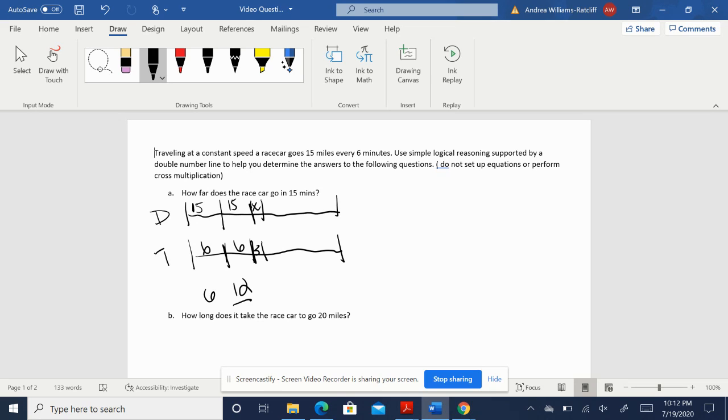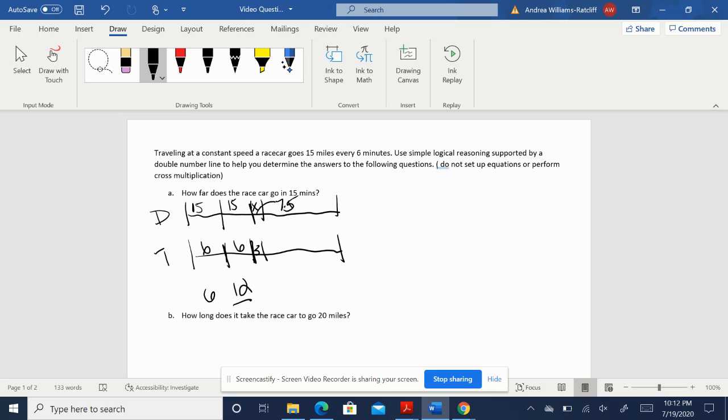If I think of the fact that I need 3 more minutes, how does that compare to the interval that I've already drawn? Each of these was 6 minutes. This one needs to be 3, and it's half the size of that one. If that's half the amount of time, it should also relate to half the amount of distance. So if we take 15, we have half of that, 7.5.